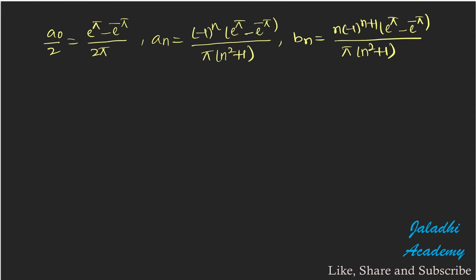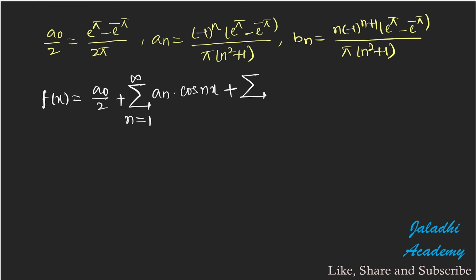So with these values and the Fourier series expansion, we can write the Fourier series of the given function. What is that? f(x) is equal to a_0 by 2 plus summation n runs from 1 to infinity a_n into cos nx plus summation n runs from 1 to infinity b_n into sin nx.